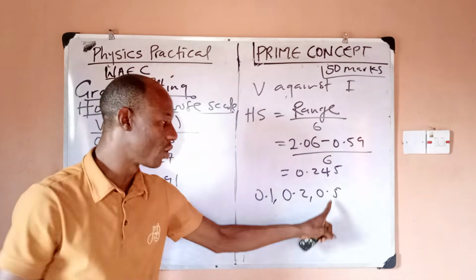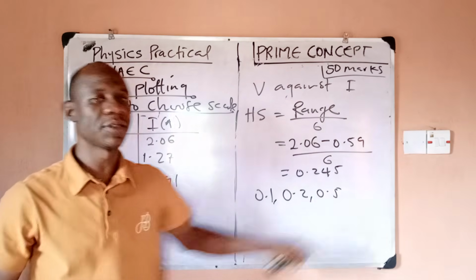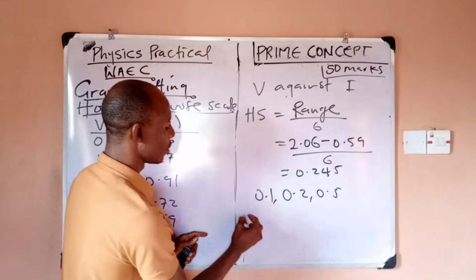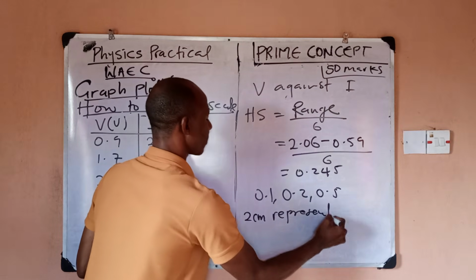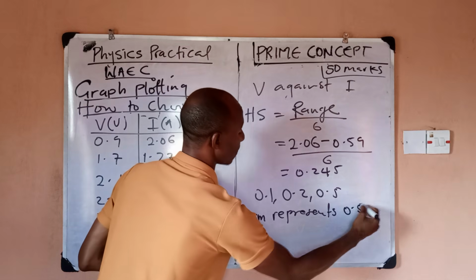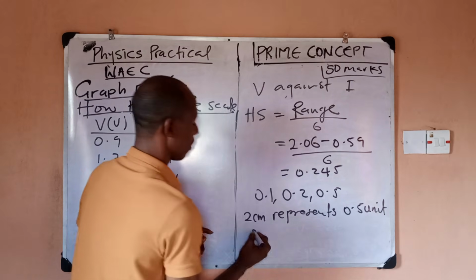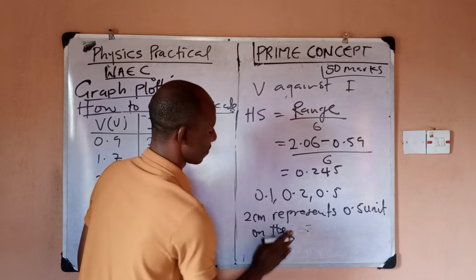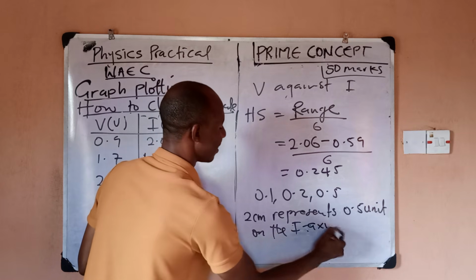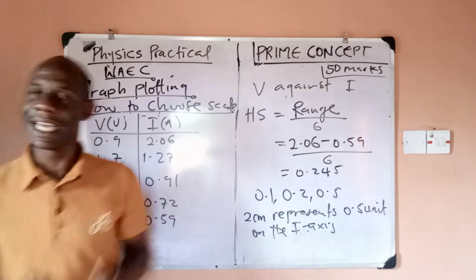Going forward is going to be what again? 0.5. So it means I'm going to say 2 cm represents 0.5 unit on the I-axis. So I've gotten my scale again.